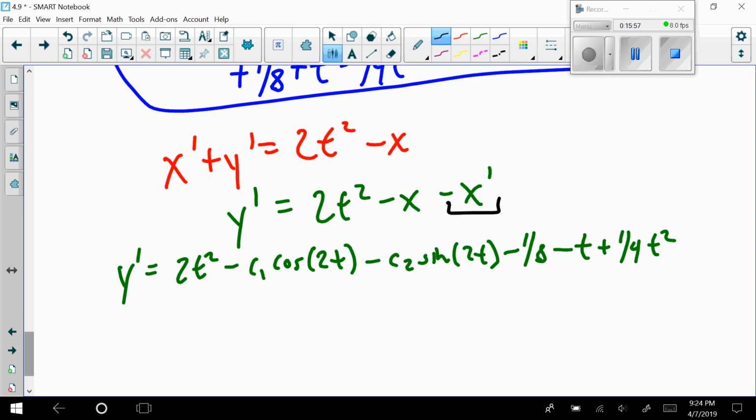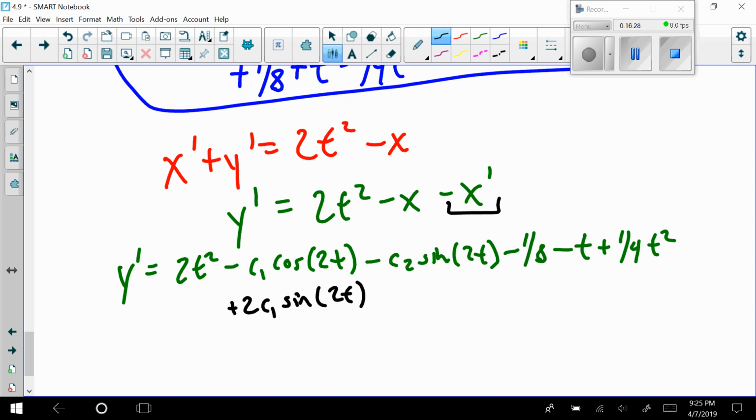Here I would have to make sure that I'm taking the derivative correctly, right? So as I go down through, I'm not touching this. I am touching this here, though. It'd become a negative 2 c sub 1, and that would be a sine of 2t, right? But the derivative of cosine is negative sine, so this would have to become a positive.